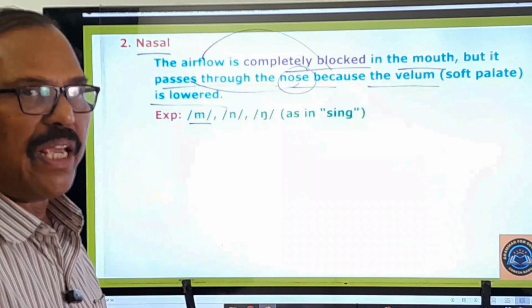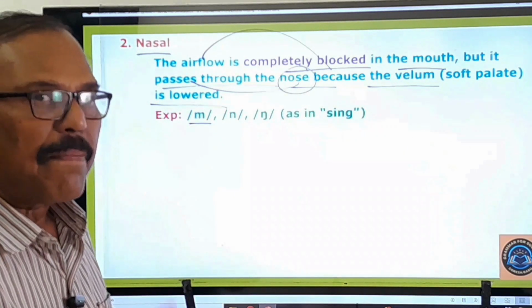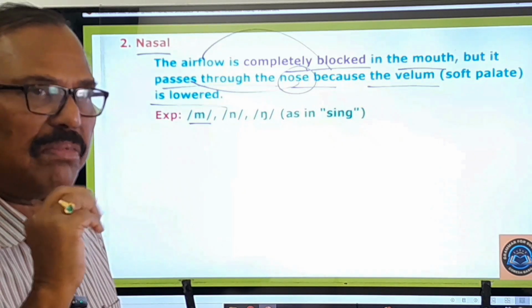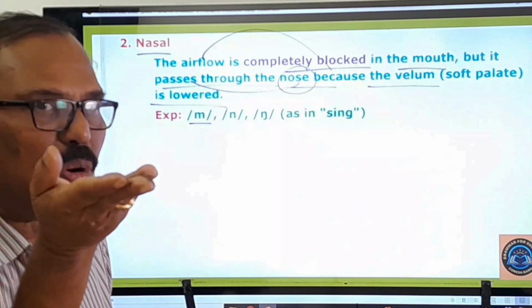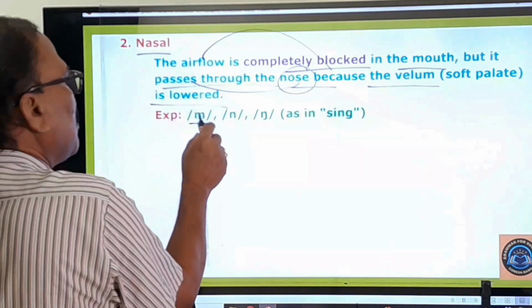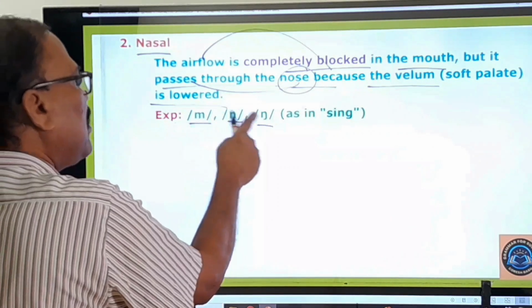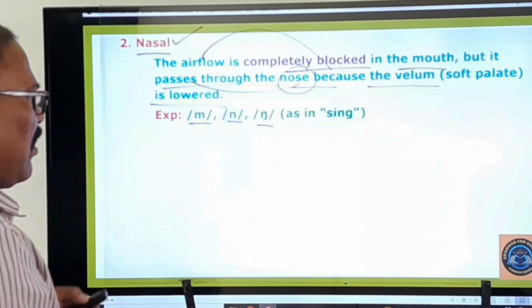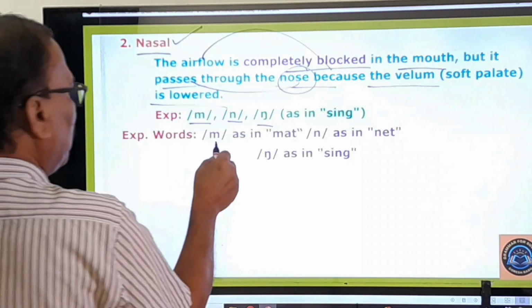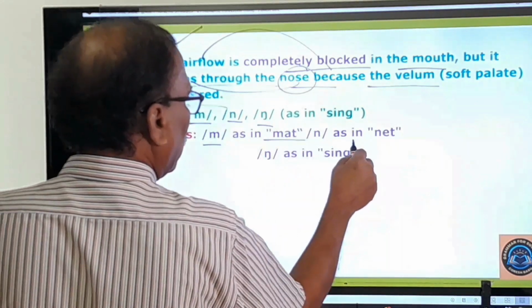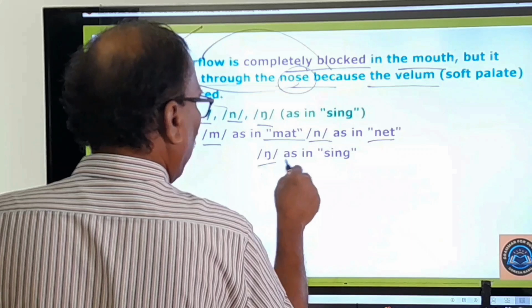Now the airflow is coming through your nose, and that's why they are called nasals. Ma, na, na. These three are called nasals. Words: ma as in mat, na as in net, na as in sink.